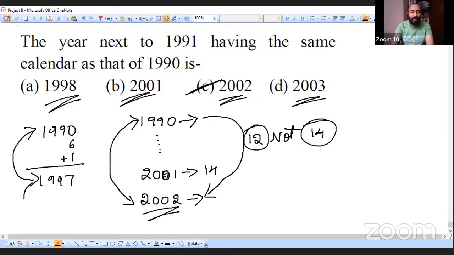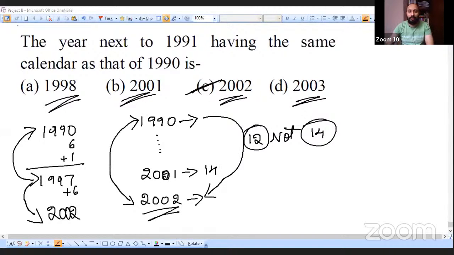So I have to go to the next of it. Next of it, a leap year will be joining. So I need to go with 2002. Plus 6, 2002 is the right answer there. Is this clear, everybody?